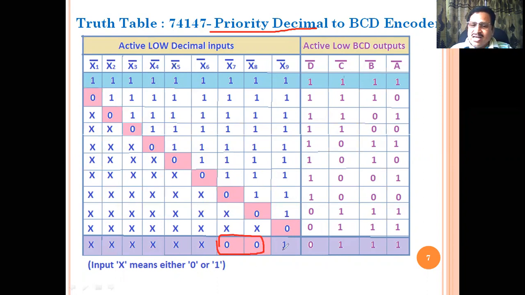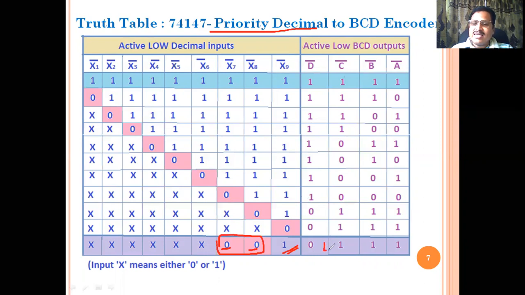The higher one, 9, is deactivated and not in selection, but 7 and 8 are both made 0. So what will be the BCD? As per the function of the IC, the feature enclosed in the IC always gives preference to the higher decimal input to bring the BCD at the outputs. So though 7 and 8 are both selected, the BCD comes for decimal 8.